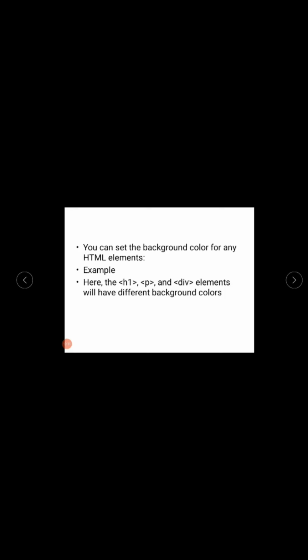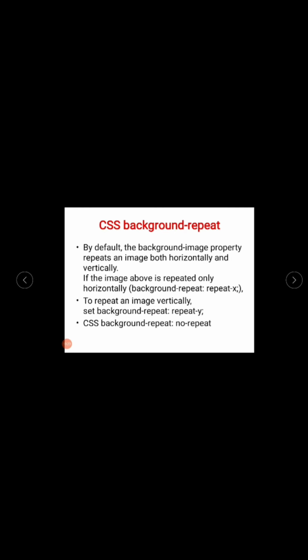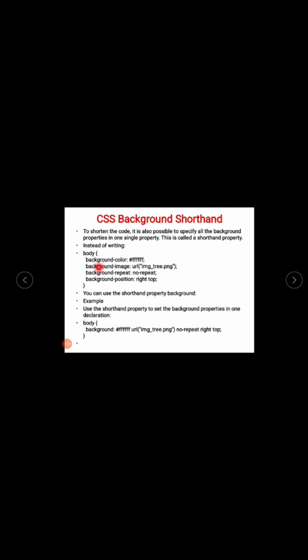You can apply this onto any element. How will you apply this? Suppose you want to apply an image, you will write background-image and the path of the image. The image is repeated, so it covers the entire element. Background-repeat. See, in shorthand you can use all the properties in a single property: color, image URL, repeat, and position.